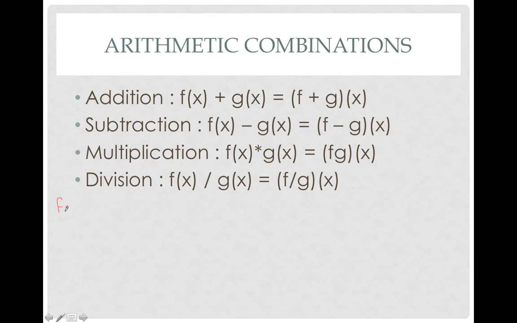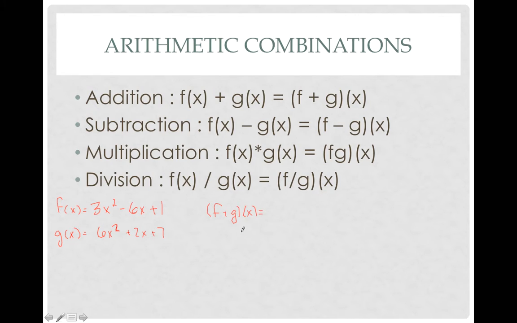Let's say we had a function f of x is equal to 3x squared minus 6x plus 1, and I told you g of x is equal to 6x squared plus 2x plus 7. And I wanted to know what was f plus g of x.